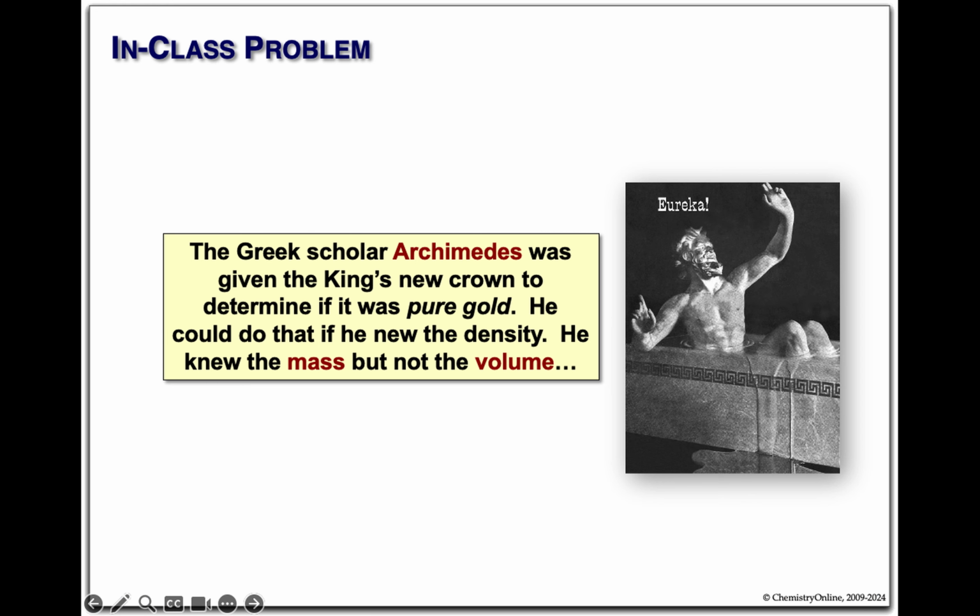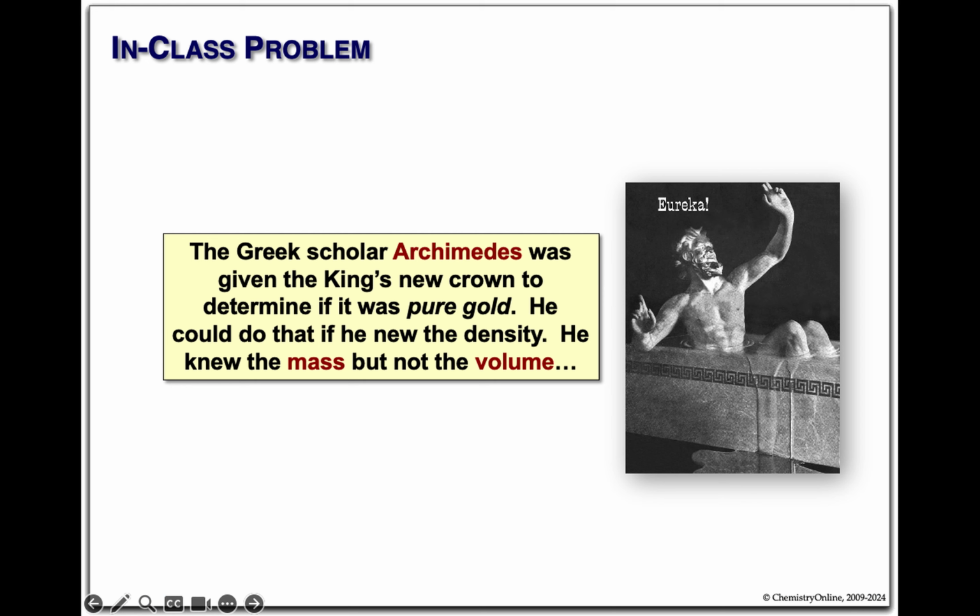Well, Archimedes thought about it and said, I know what the density of gold is. He knew density in those days. He was smart. If I could measure the density of the crown, I could see if it was real gold or not. But how in the world would you measure the density of a crown without melting it down?